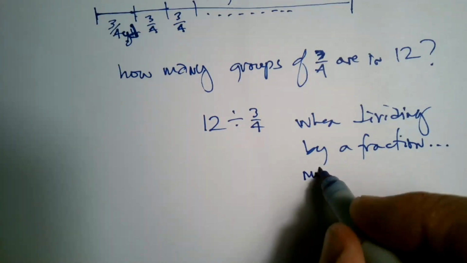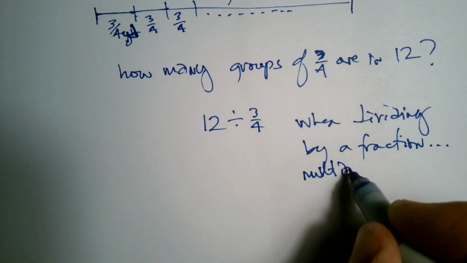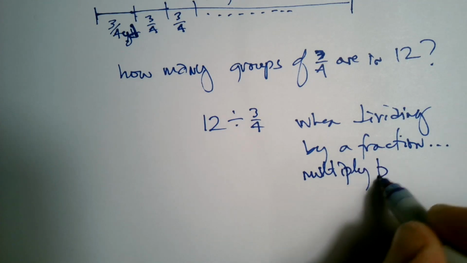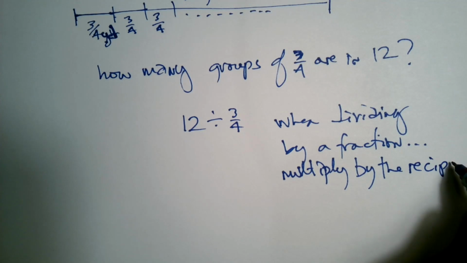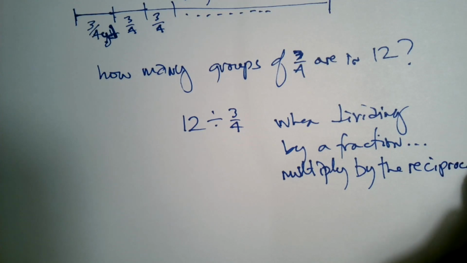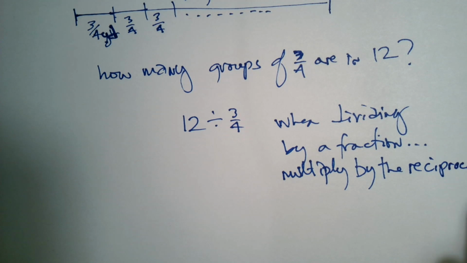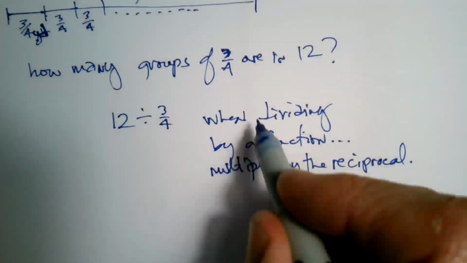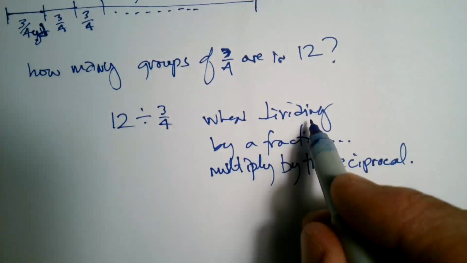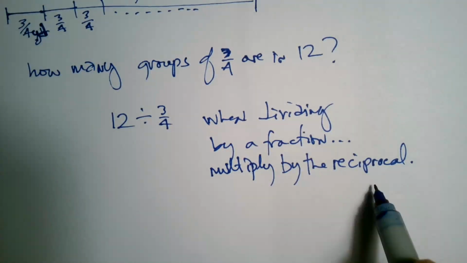We need to multiply by the reciprocal. And in previous videos, I explained why that's the case. There's a whole reason why, but we'll go right to that. Dividing by a fraction is multiplying by the reciprocal.